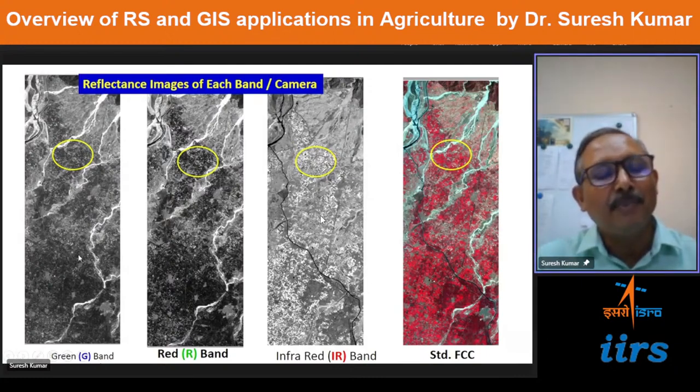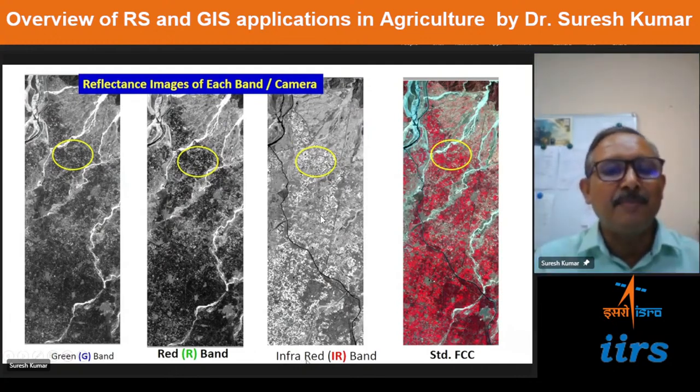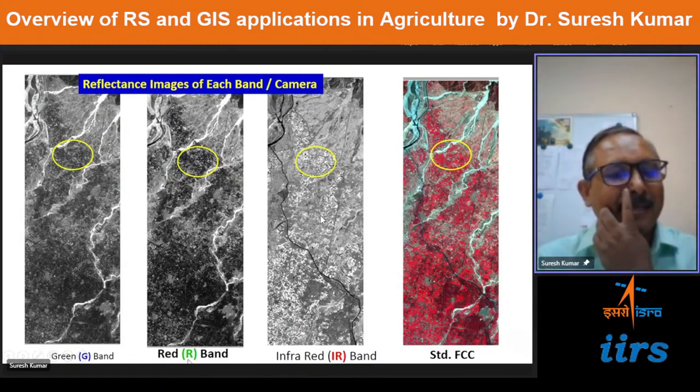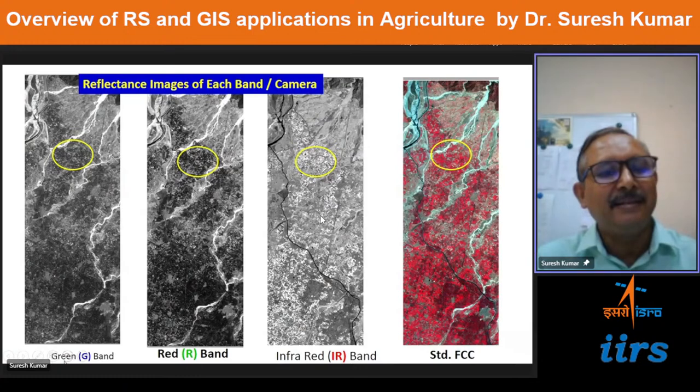When I merge all three band data, green, red, infrared, then I can make a false color composite satellite imagery. This is known as a standard FCC, where infrared I project in red color, red band image is projected in green color, and green band image is projected in blue color.